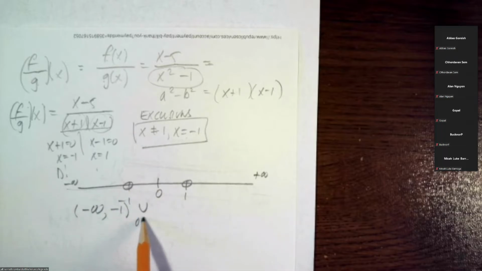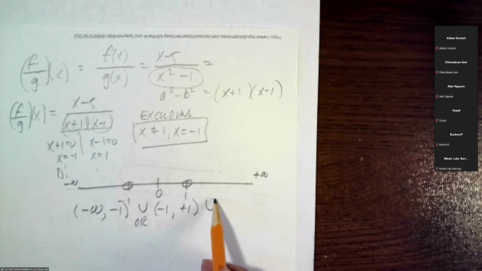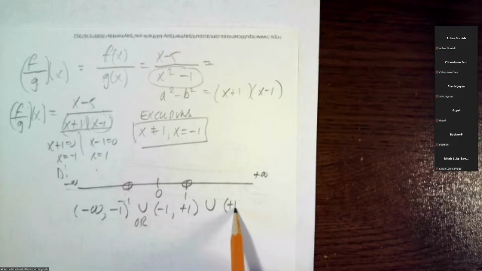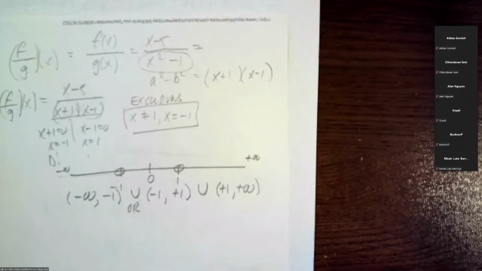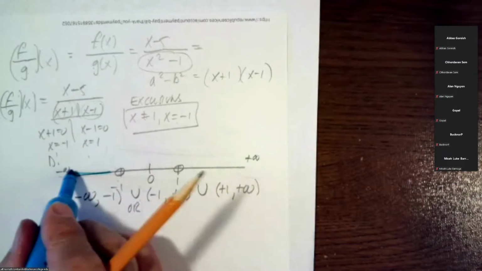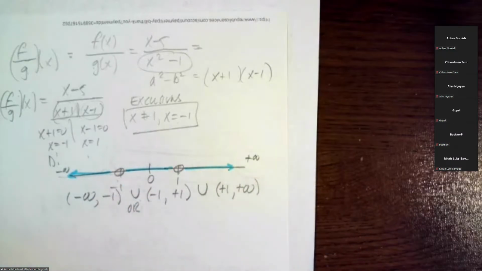Or we can go from negative 1, not including negative 1, to positive 1, not including positive 1, or positive 1, not including the 1, to positive infinity. Okay, so if we were to draw that out, I guess we could say it kind of goes here and here and there.